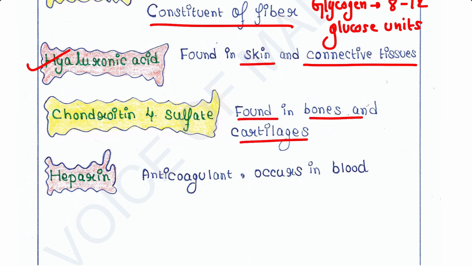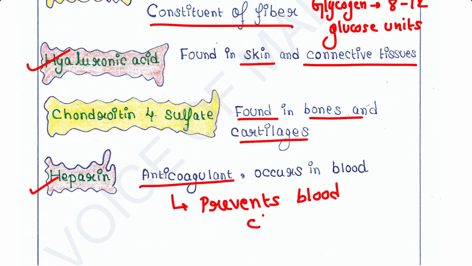Heparin is one more heteropolysaccharide. It is an anticoagulant, that is, it prevents blood clotting, and it occurs in blood.